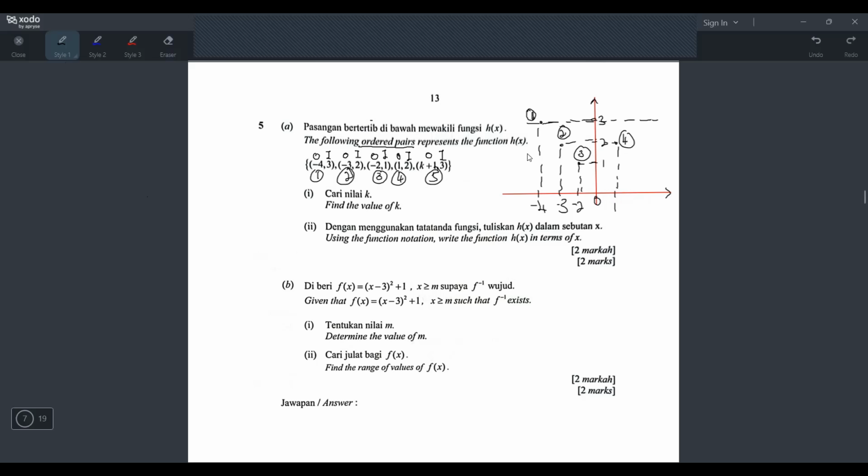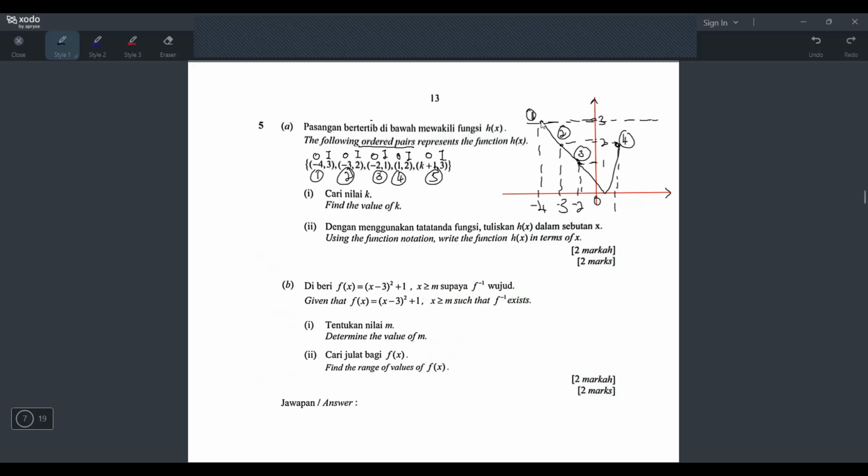So if you look carefully here, what do you think will happen if I join all these points? It will form what shape? It will actually form this shape. And then when you extend it further, it will be something like this, like a V-shaped curve. It means this graph shows us that this function has a modulus.